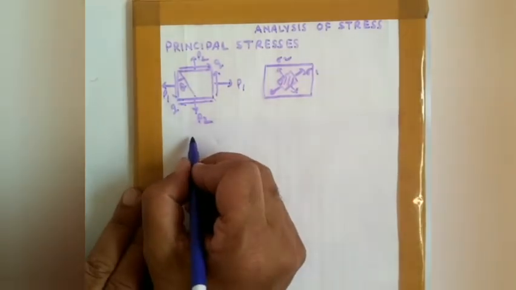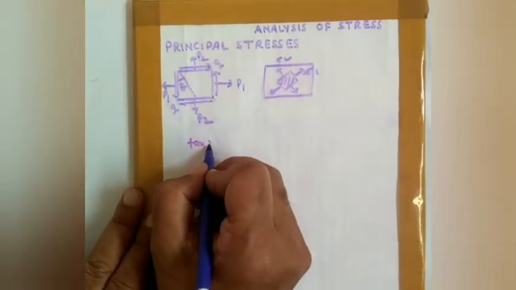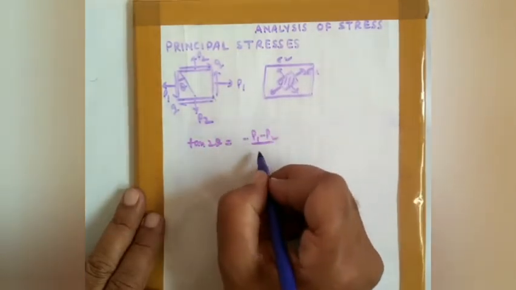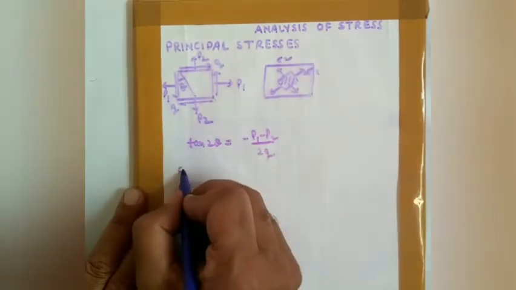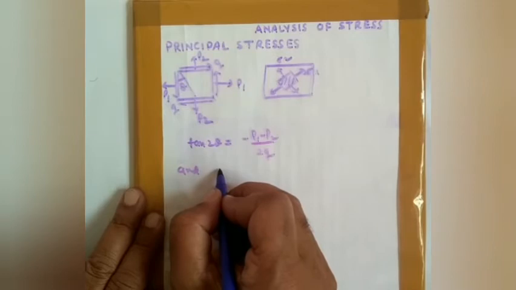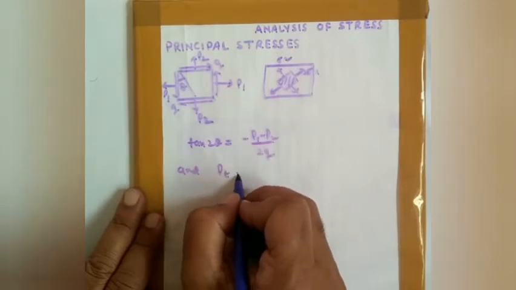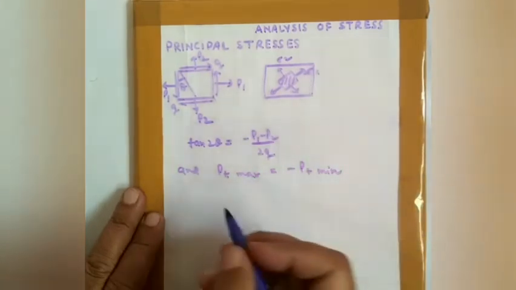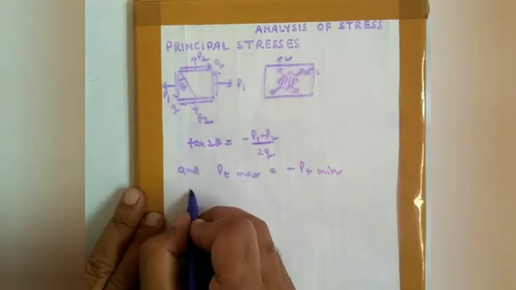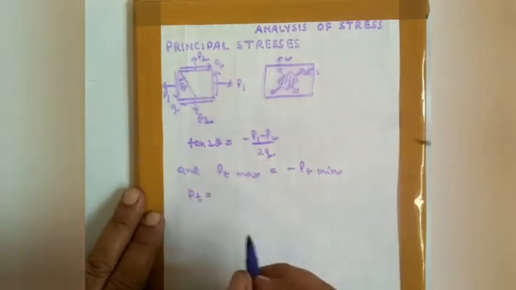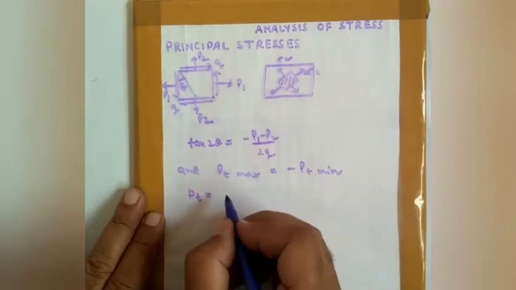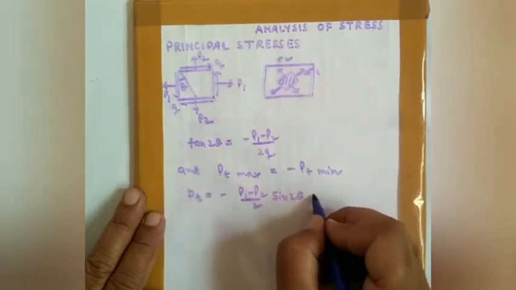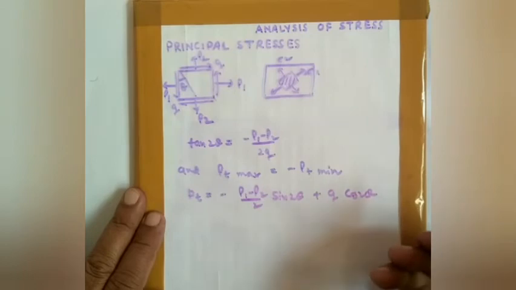So far we have found for maximum shear stress tan 2 theta is equal to minus (p1 minus p2) by 2q, and Pt max is equal to minus Pt min, and general expression for Pt is equal to minus (p1 minus p2) by 2 sine 2 theta plus q cos 2 theta.